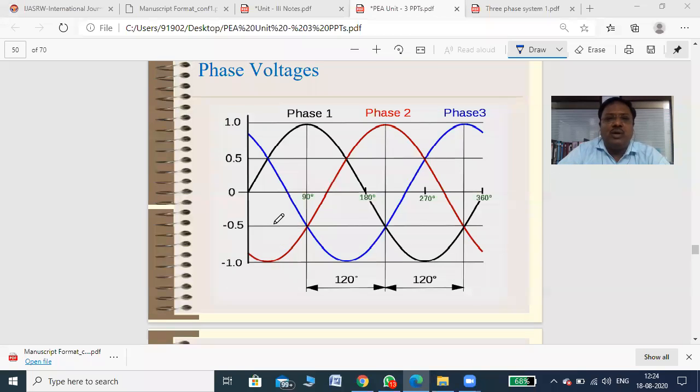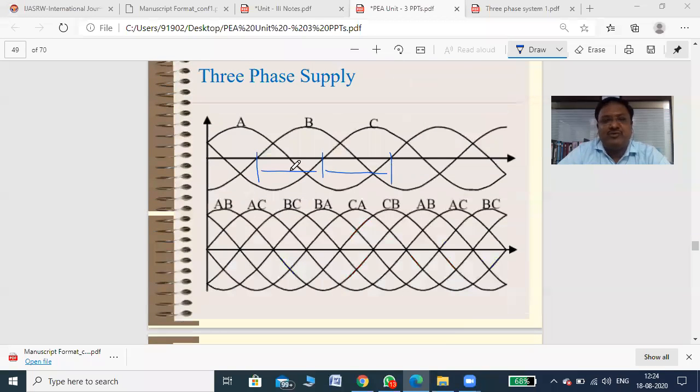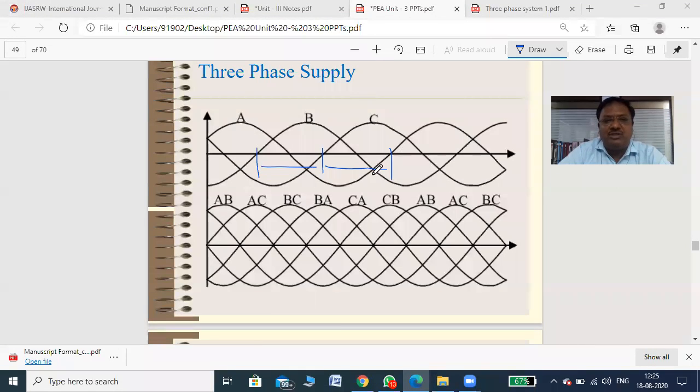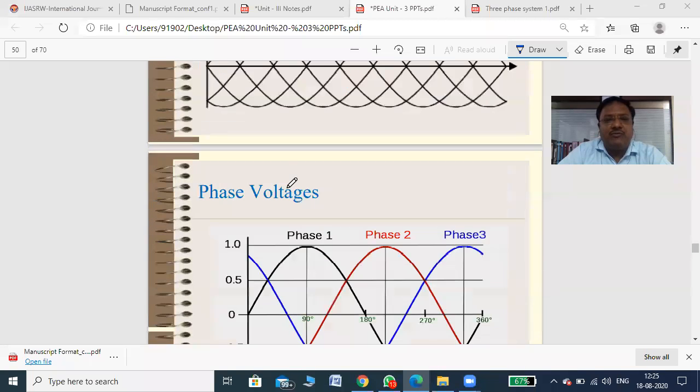So each phase is shifted by 120 degrees. These voltages are called VAN, VBN, and VCN. N is the neutral. So the voltage between phase A with respect to neutral is called VAN, then VBN and VCN, and those are the phase voltages.